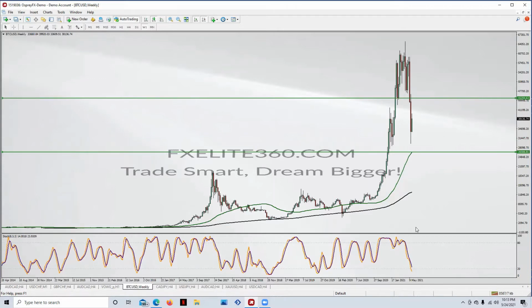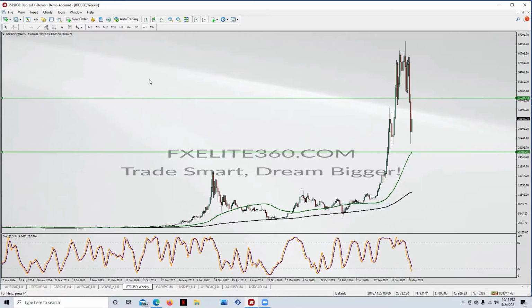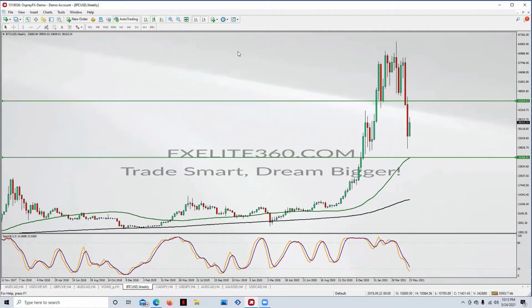I don't know, maybe in the future. Honestly, we could see price come to 14,000, but that's just me speculating. Maybe true, maybe not. But at the moment, this was a massive level.